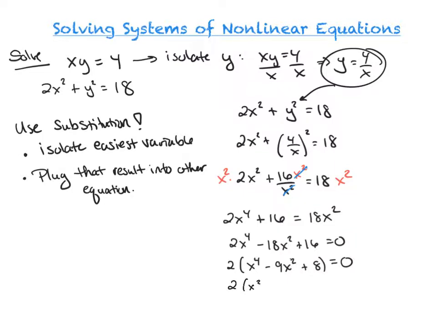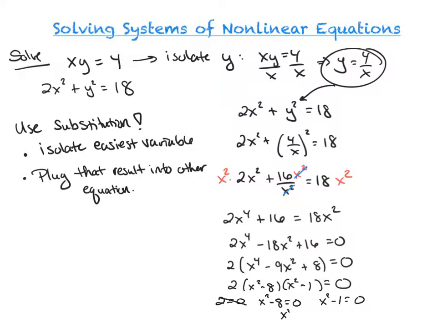So we'll have x squared and x squared. The numbers that multiply to be the 8, but add to be -9, are -8 and -1. When we set these equal to 0, we obviously don't include the 2 because it doesn't have an x with it. But we have x squared minus 8 equals 0 and x squared minus 1 equals 0.